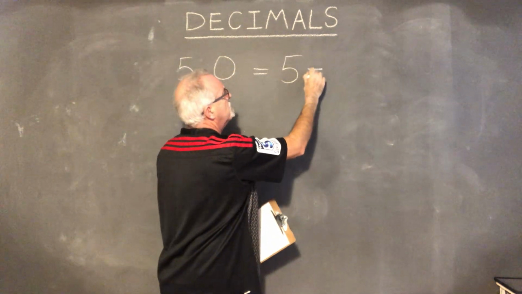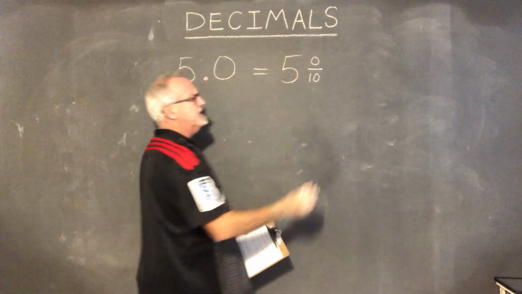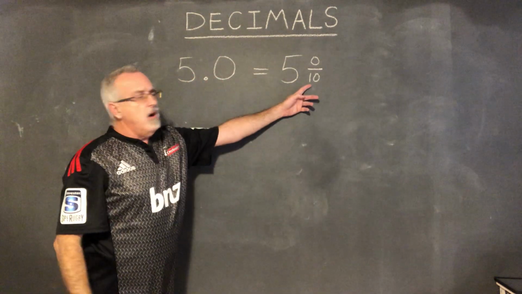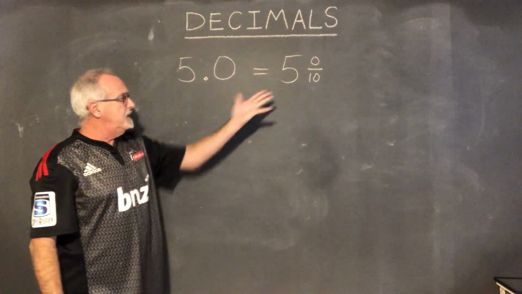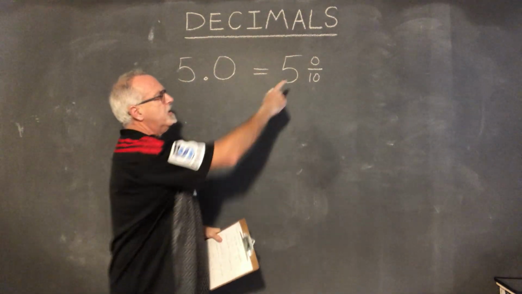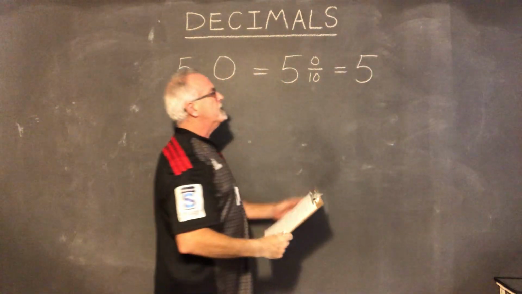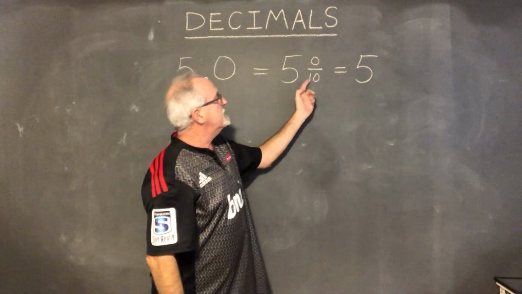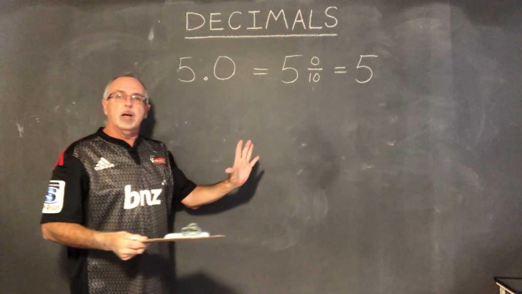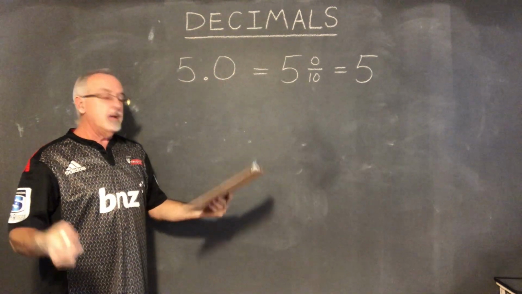My denominator would be a 10 because that's the 10th position, but I would have 5 and 0 tenths. Well, that's not wrong, because 5 and 0 tenths is equivalent to 5.0. It is actually the same number, but it's not the way we would normally write it. We would normally realize, oh, okay, we don't really have to show the fraction part because we have 0 tenths. So this is equal to 5. That's what happens when you have that strange little situation where there's a 0 here.